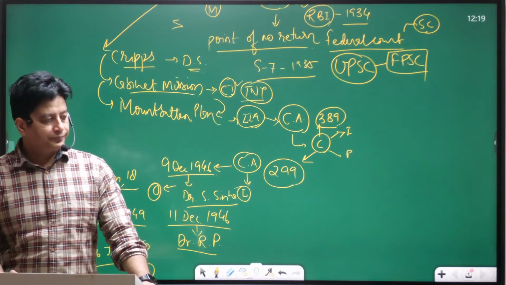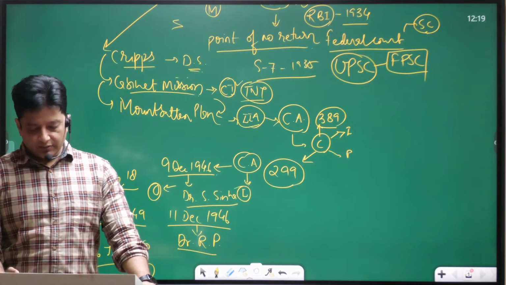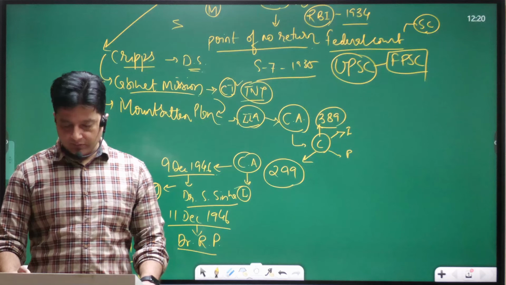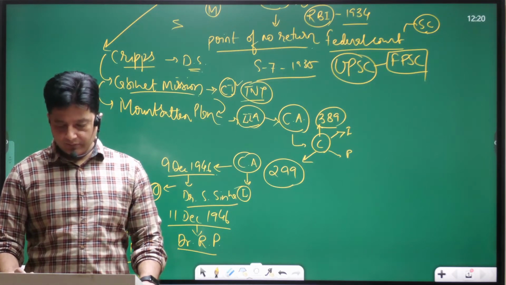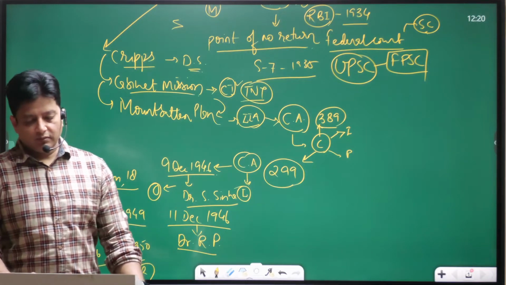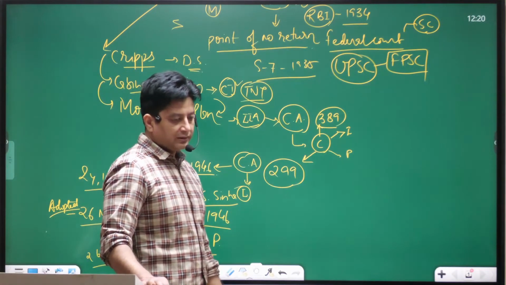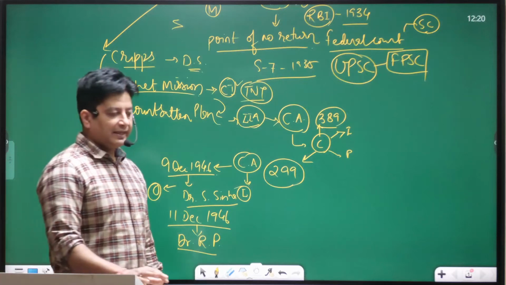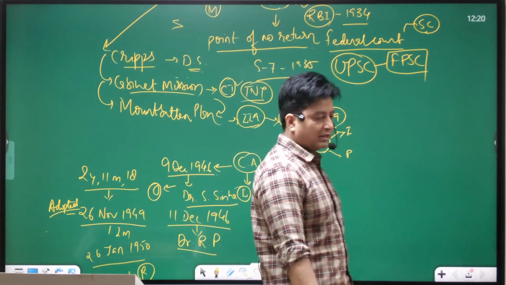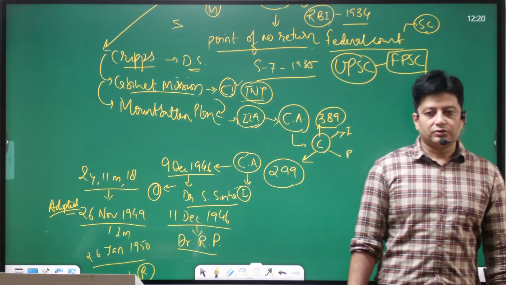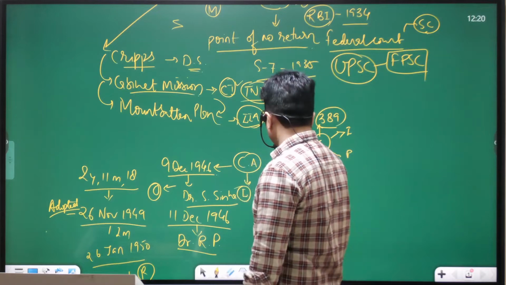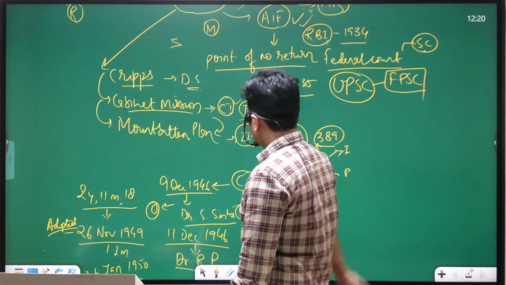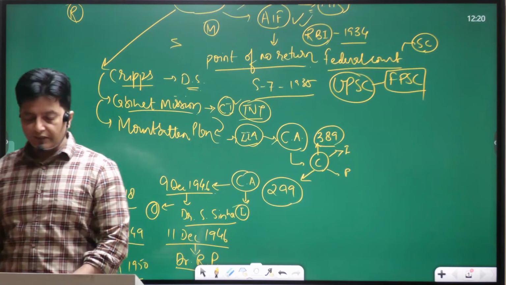Write in this: Indian Independence Act provided for Constituent Assembly with 399 members to frame constitution for India and for Pakistan.